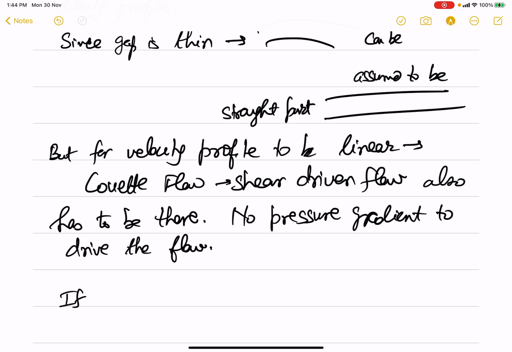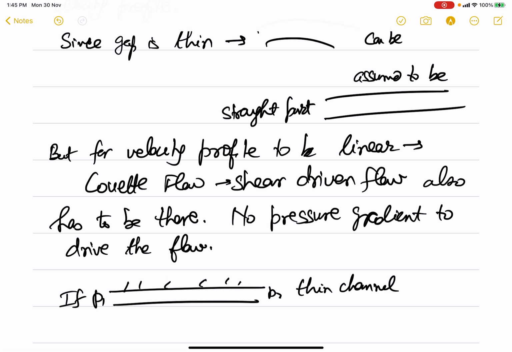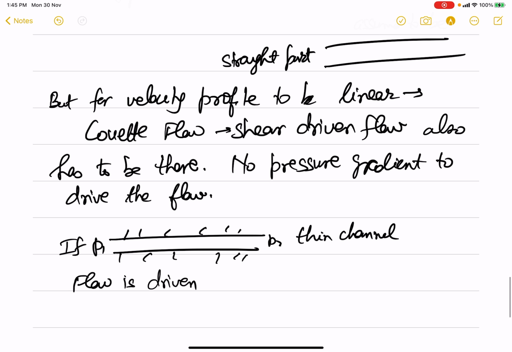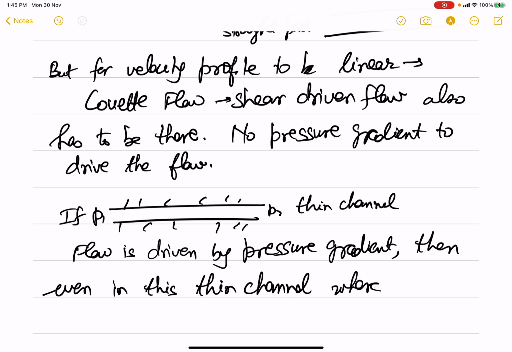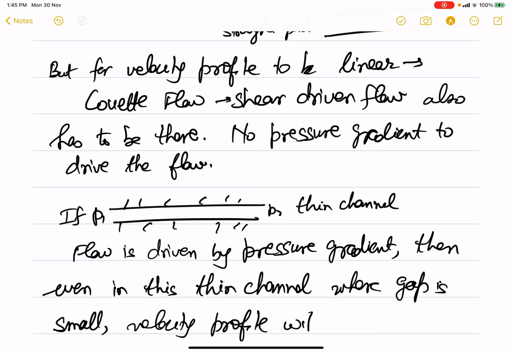If we have even a very thin channel and flow is driven by a pressure gradient, then even in this thin channel, where the gap is small, the velocity profile will be what?